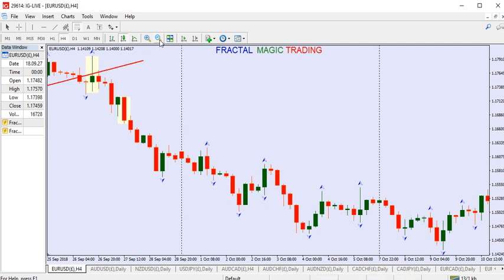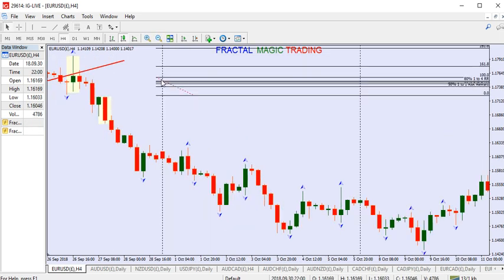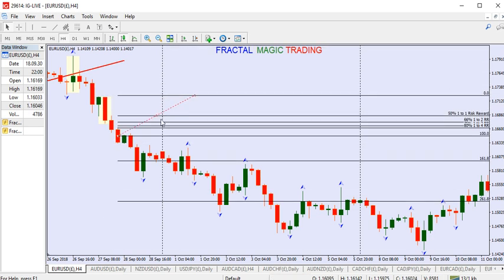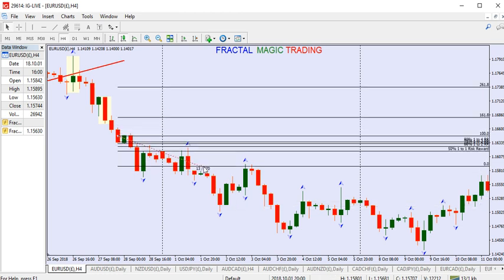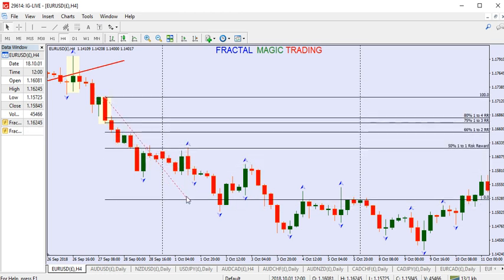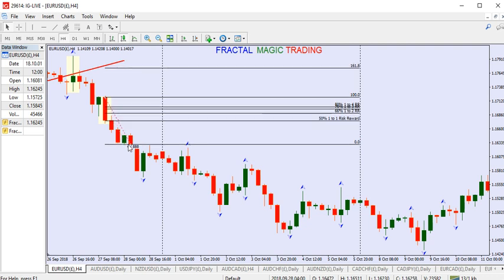And if we look at that again, let's try and zoom out a little bit. So it's there. We get our break even there, and on the first lot we get a 1-to-1, and we move the others to break even.